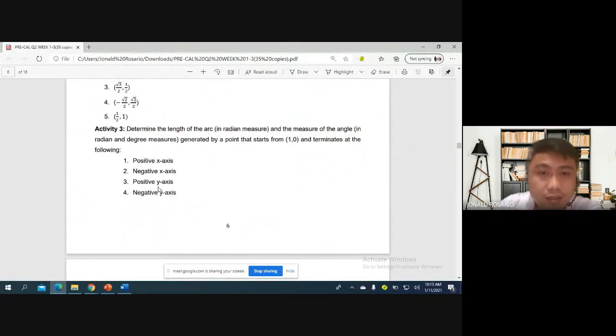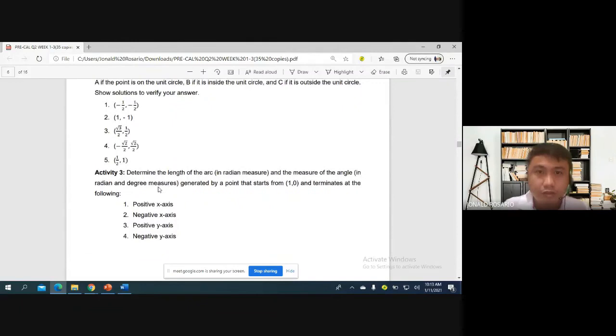Determine the length of the arc in radian measure and the measure of the angle in radian and degree measures generated by a point that starts from 1, 0 and terminates at the following. Ganun lang naman ito.